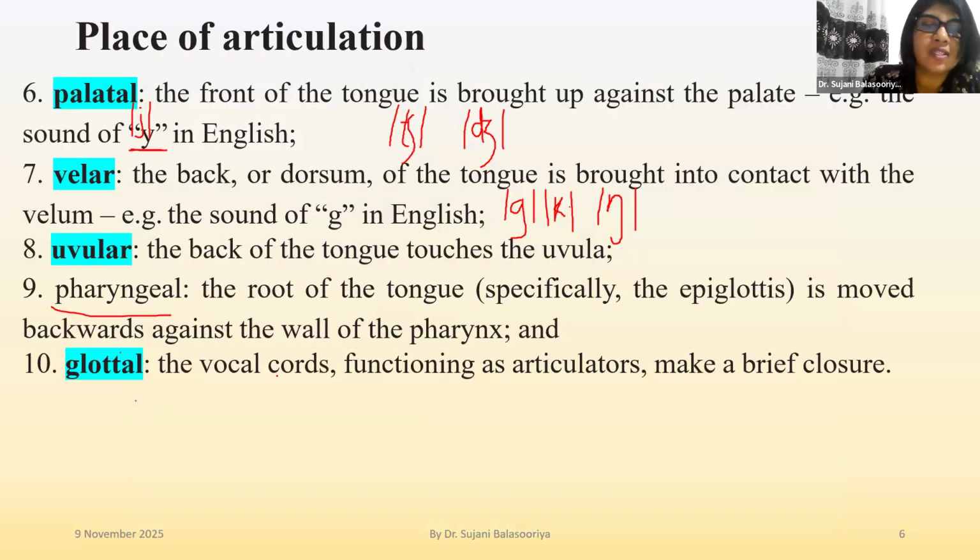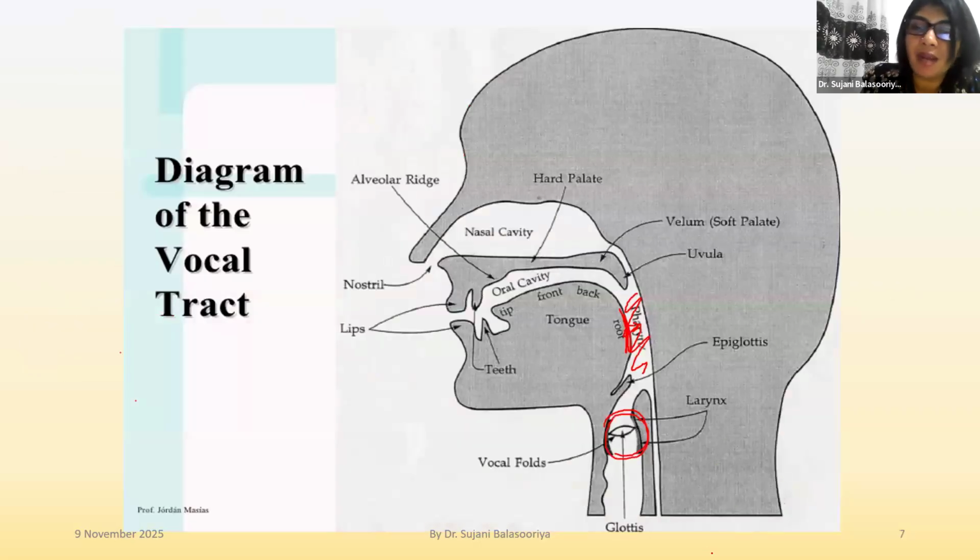When we produce glottal consonants, they make a brief closure, right? Okay, what happens is that the airstream passes through the larynx now, right? Airstream passes through the larynx and it goes through it and quits, larynx goes up. Right?